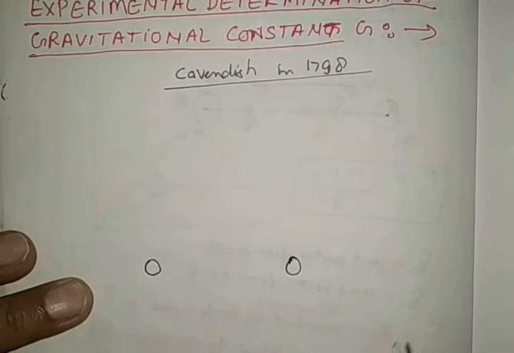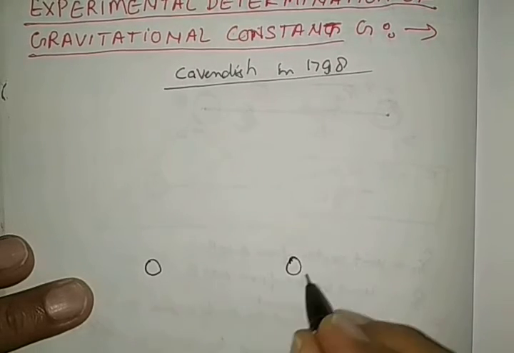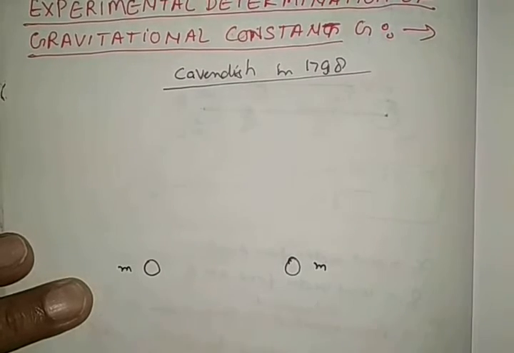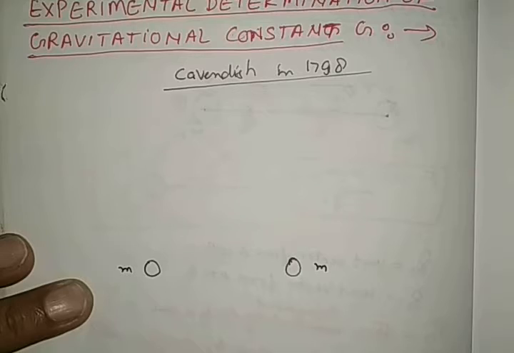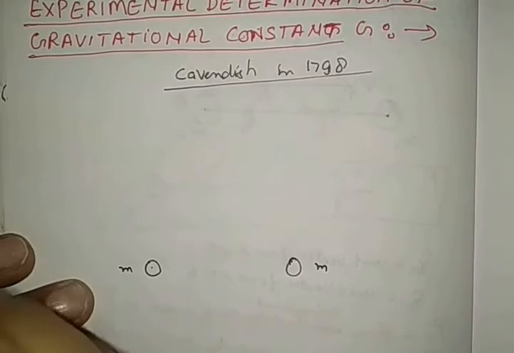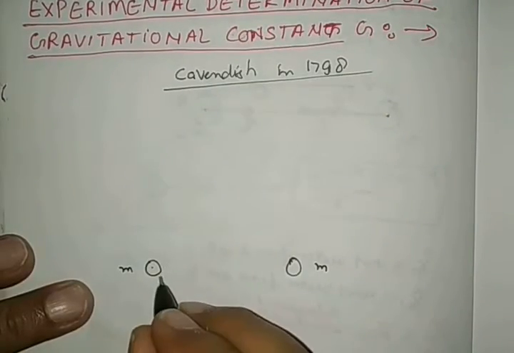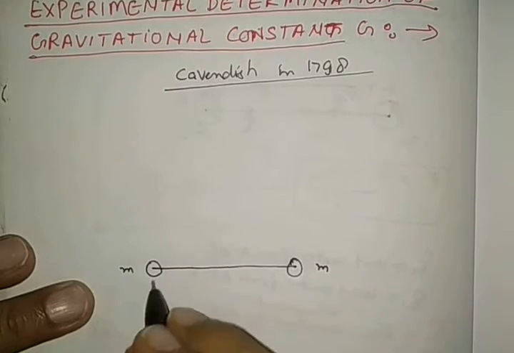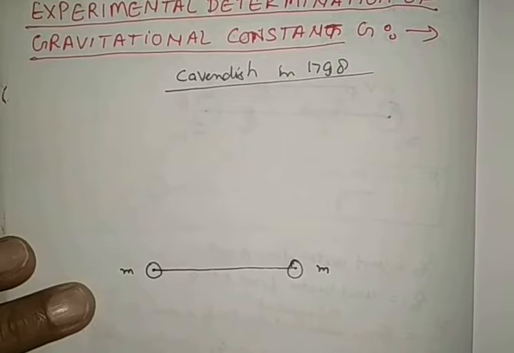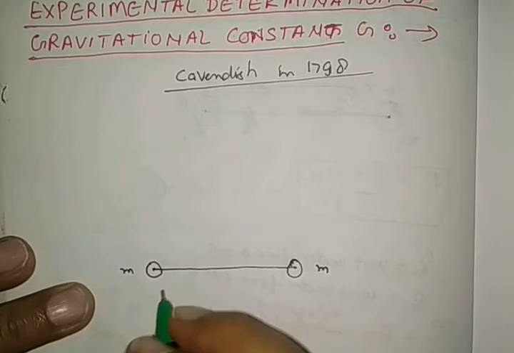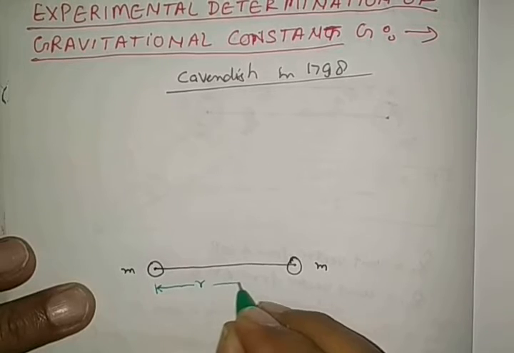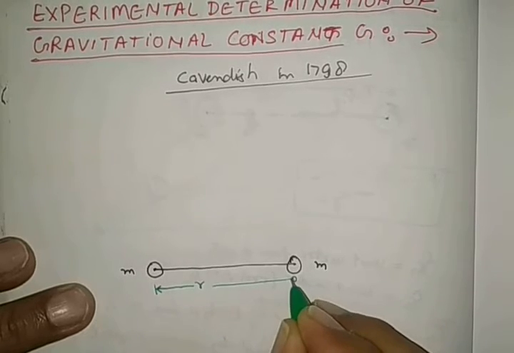Two light spheres of equal mass, suppose equal mass m, are taken into account. Both light masses are connected with a light rod. This rod length we are representing here by r. It's clear?